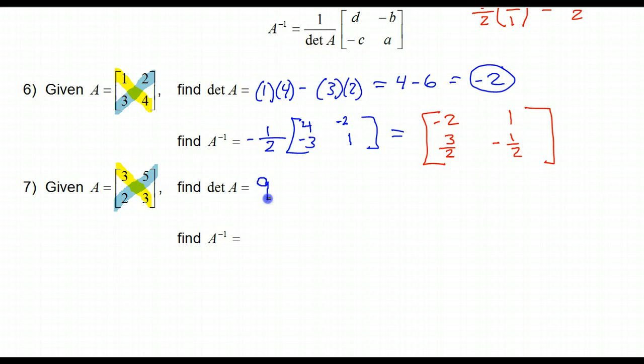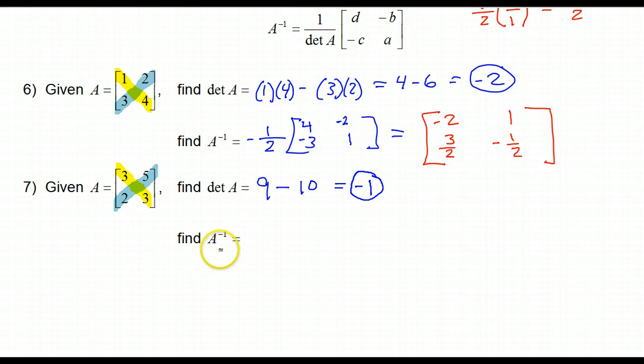You can just go ahead and put 9. You don't have to do 3 times 3 like I've been doing. So you can go ahead and say 9 minus 10. Down diagonal minus up diagonal. But please show this. Do not just go straight to -1. So fine, this is the determinant.